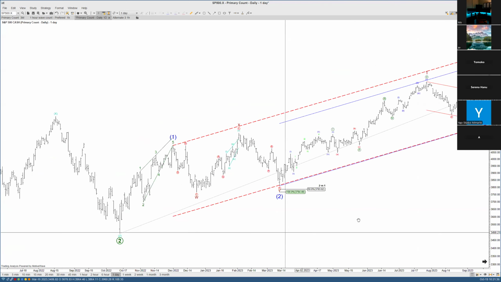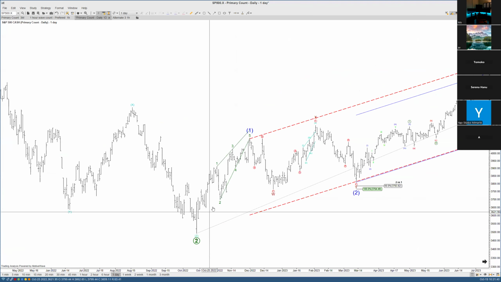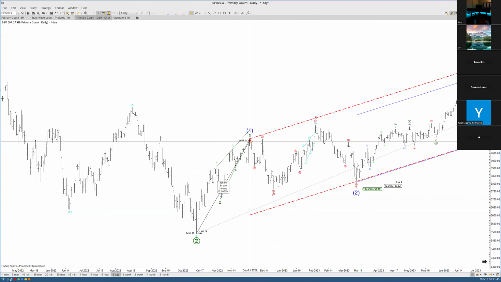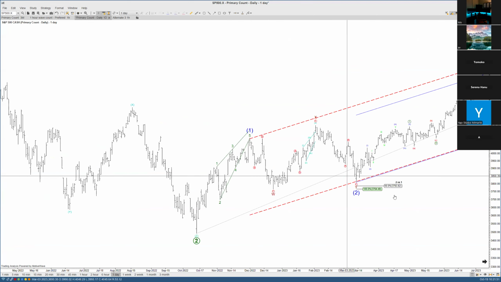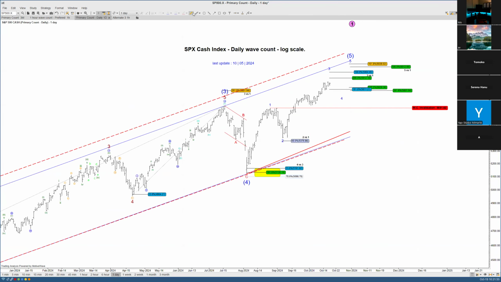So when you have a leading diagonal in wave 1, let's do this. 17.44%. 17.44. 14.83.